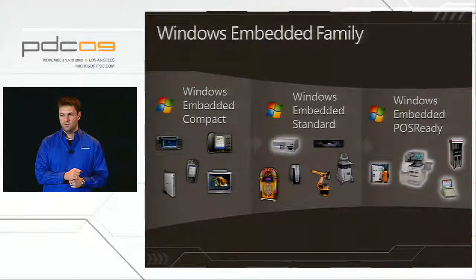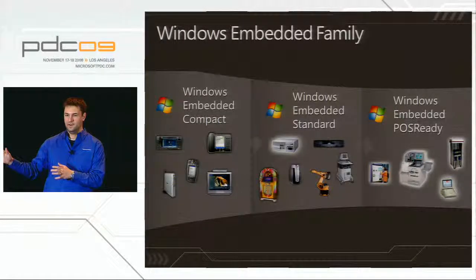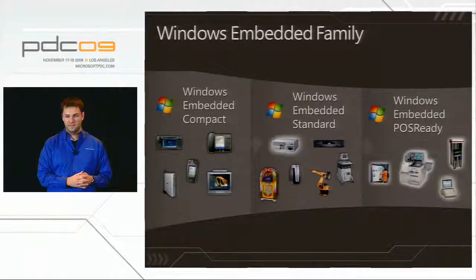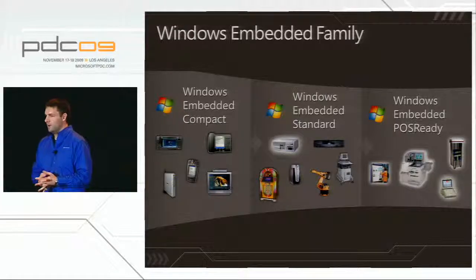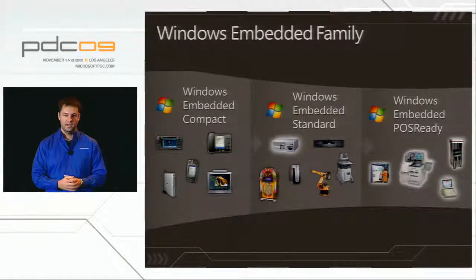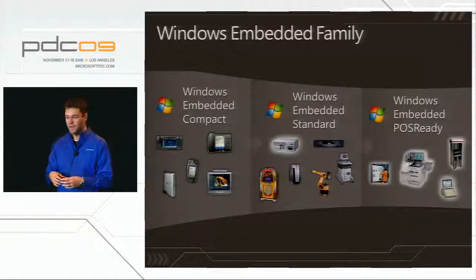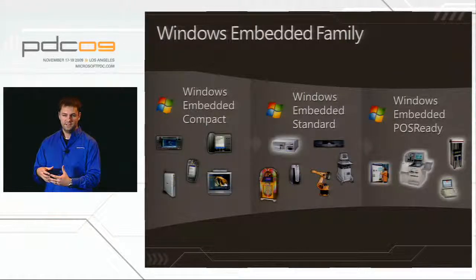So how many of you are familiar with Windows Embedded at all? How about the differences between Windows Embedded Standard and Windows Embedded CE or Compact? About the same. All right, cool. So Windows Embedded Compact is kind of a more consumer-oriented operating system. It runs on things like GPSs, little handheld devices.